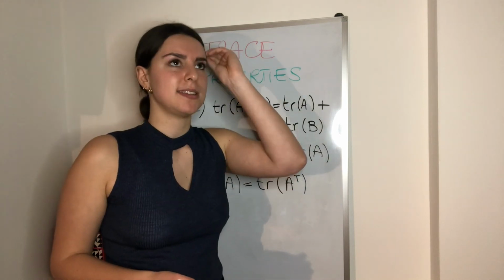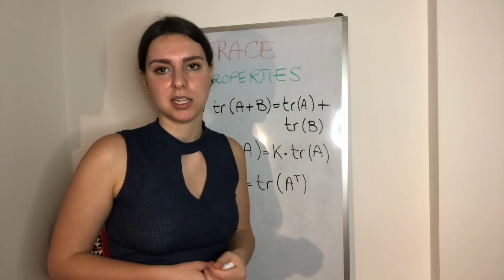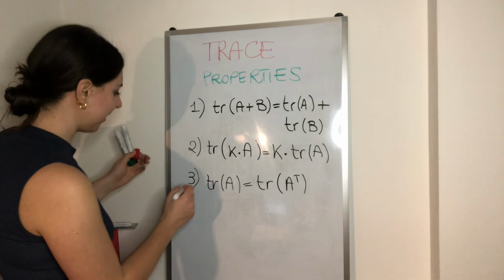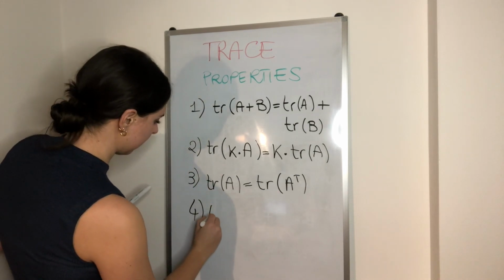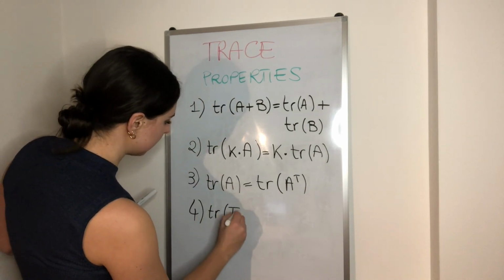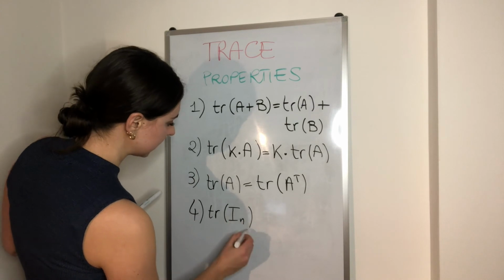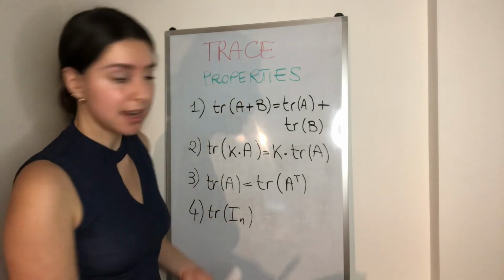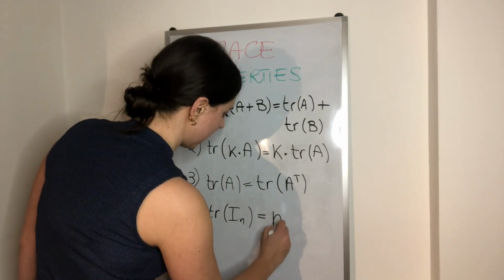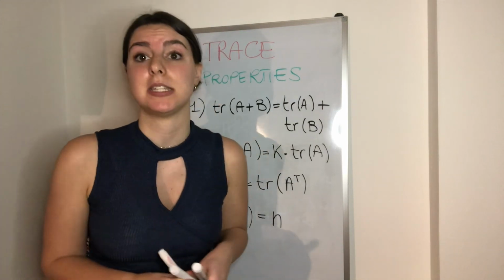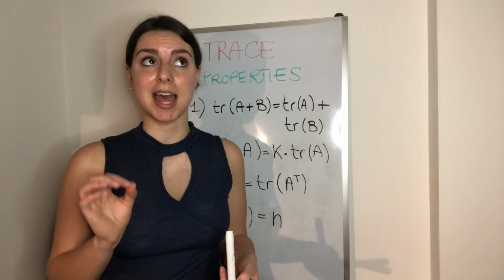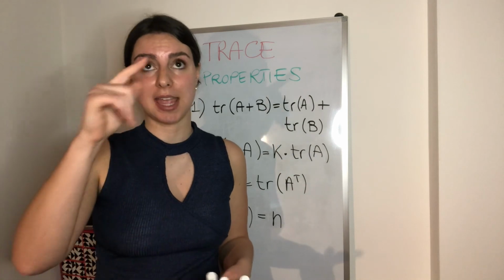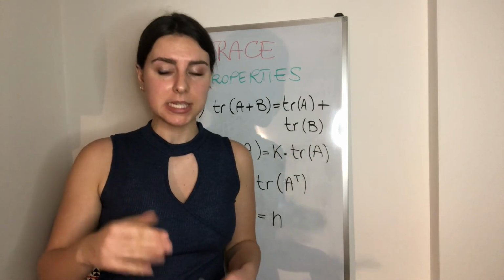The last one is actually very cute. It says that the trace of an identity matrix of dimension n is equal to n, and that is because the identity matrix has the entries on the diagonal as ones.